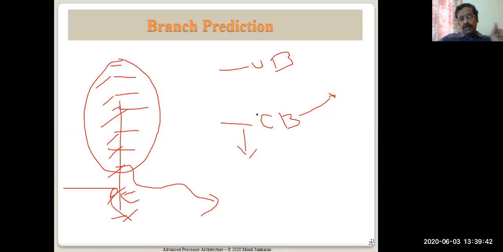We say a branch is taken when the PC value changed to something other than the incremented value.